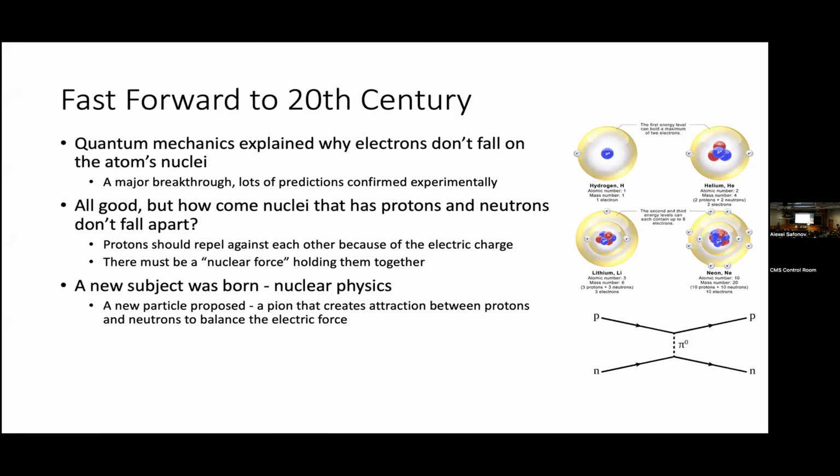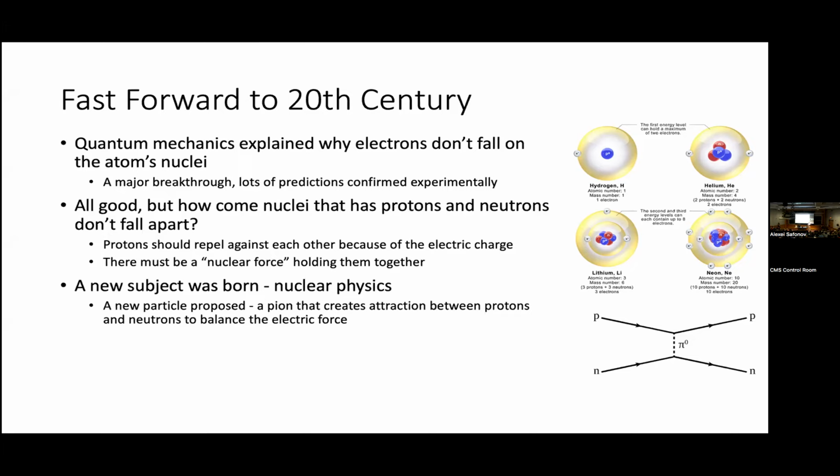But you can step forward and ask, well, it's great, but inside of this nucleus, you have protons and neutrons. Protons are positively charged, they should repel. How come everything is not falling apart? That's how the science of nuclear physics started. The previous stuff we call atomic and molecular physics.